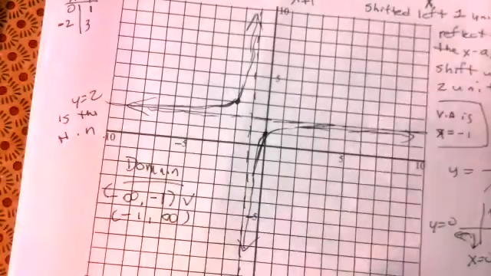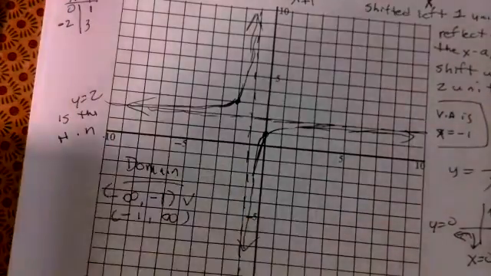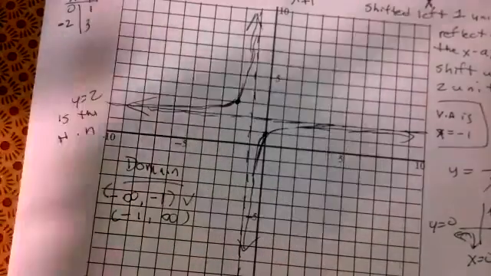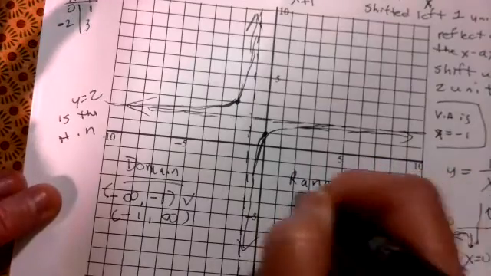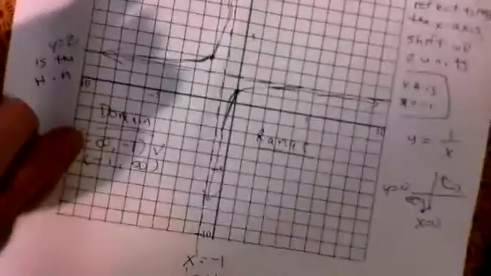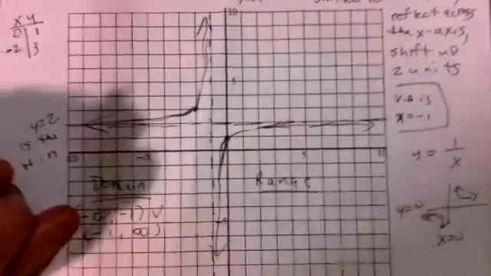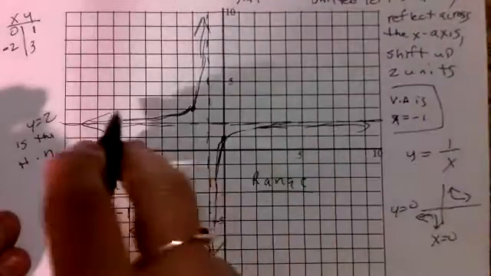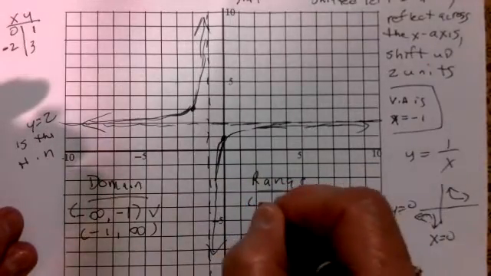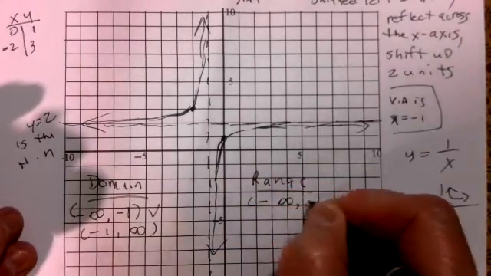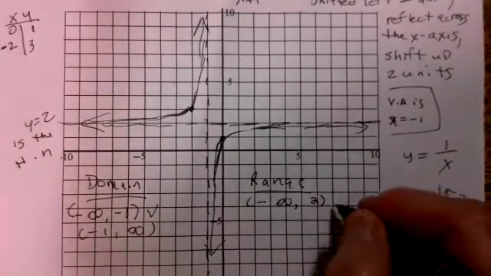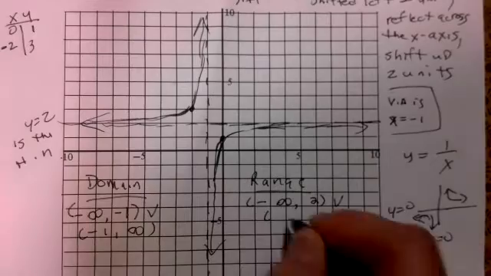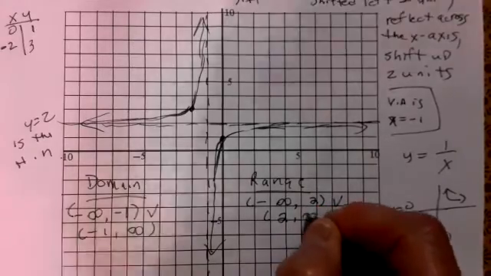And then the range is going to be, well, look how far down we go and how far up we go. And do we cover all the y values? We cover all the y values except for the horizontal asymptote. So it's going to be from negative infinity up to 2, skip over the horizontal asymptote, unioned with from 2 to infinity.